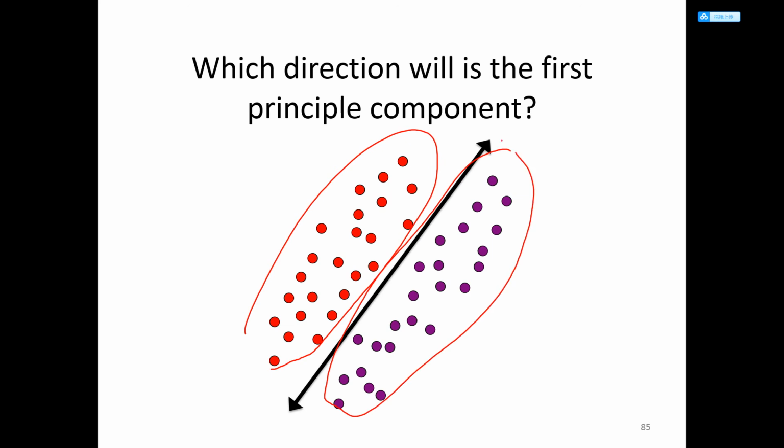Let's say the principal components are along this direction, so we're trying to project along this direction, right? But as in this example, the best way to distinguish these two different individuals is to project the data along this axis instead, right? If I project to here, basically this is bad. There's no way I can distinguish these two classes here, right?